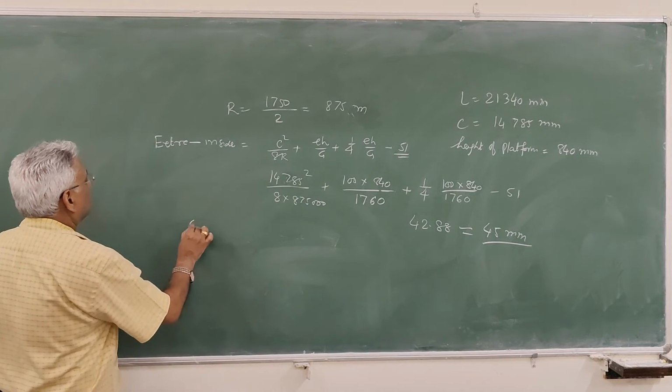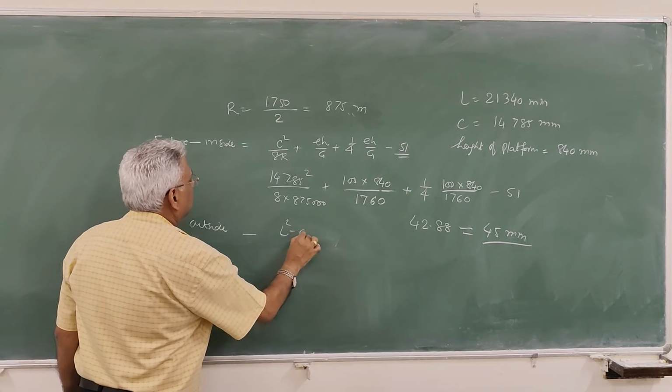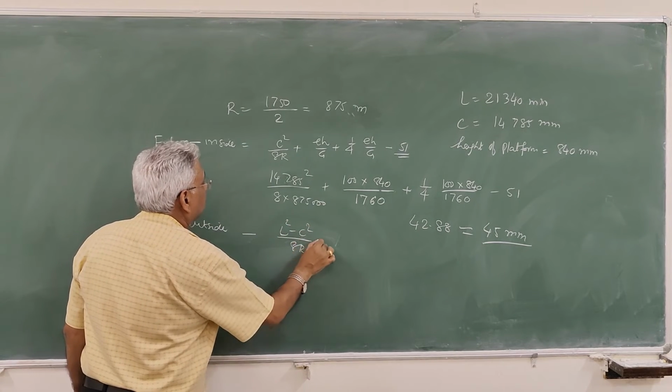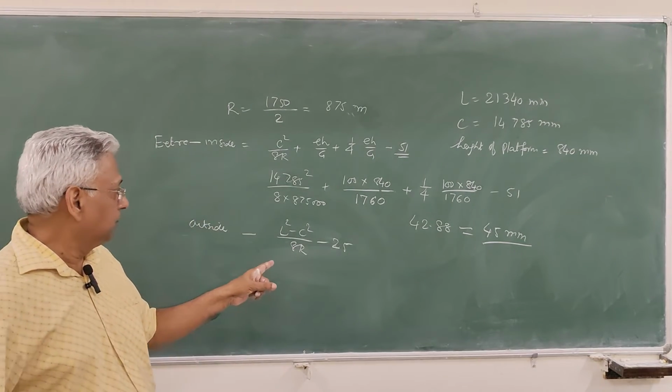Outside, you have the end throw, L square minus C square upon 8R, and reduce it by 25 millimeter because of the platform.